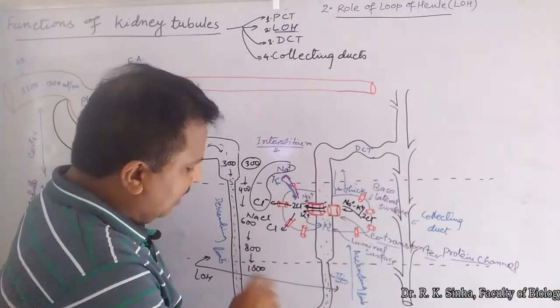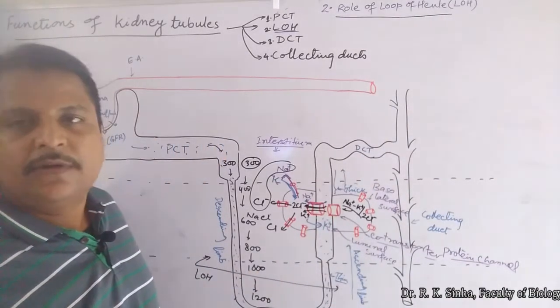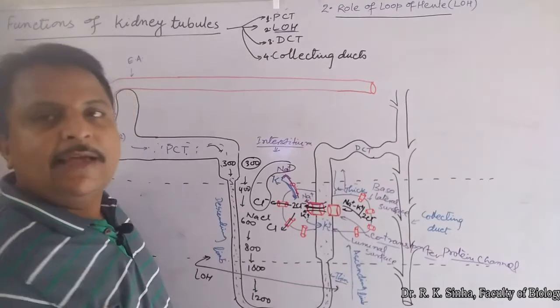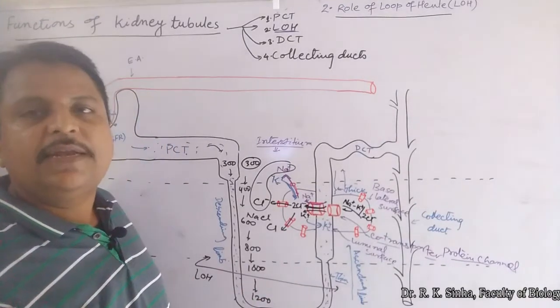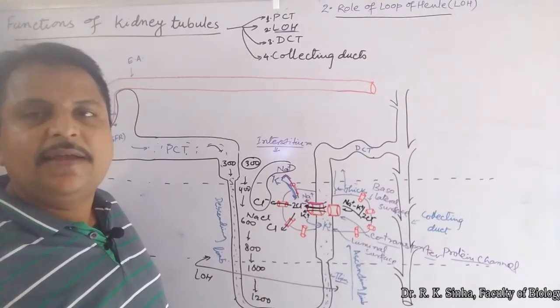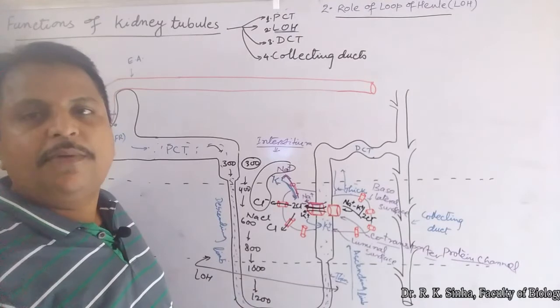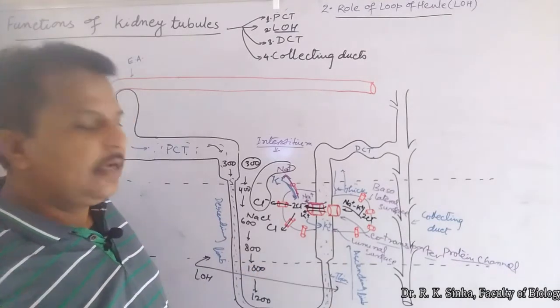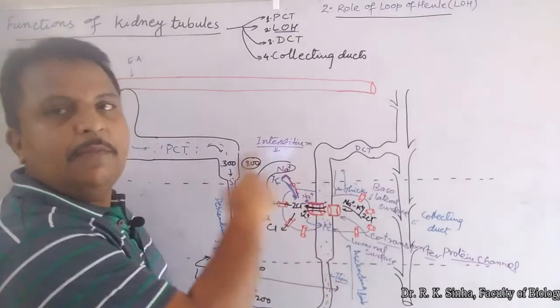Otherwise there will be fluctuation in the urine concentration also. So once it is generated up to 1200 milliosmol per liter, it will be maintained in the same condition. It cannot be washed out, it will be maintained.